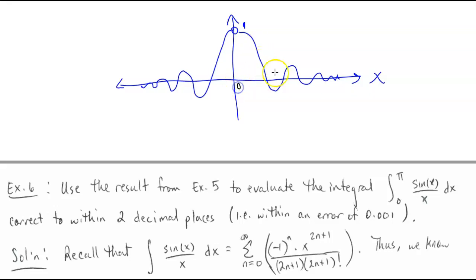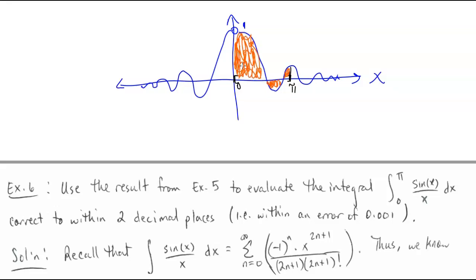So if this is 0 here, and let's say right here is pi, then what we're trying to do is find the area under the curve from right here to right here. Okay, so all this area here I'll do in red, put some of this here below, and all this here is essentially the area under the curve that we're trying to find.